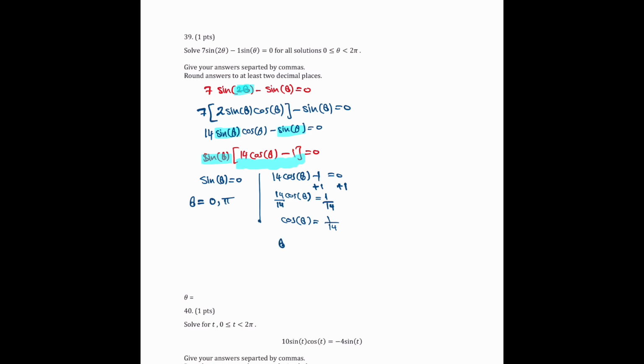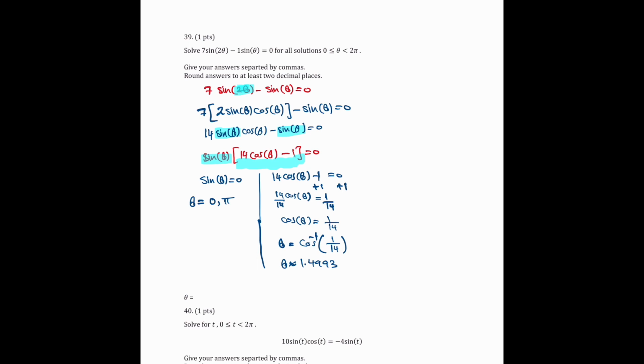If I want to find theta here, I'm going to take the inverse cosine of 1 over 14. Make sure that you are in radians mode. The answer is theta equals 1.4993, approximately, of course, I rounded that.